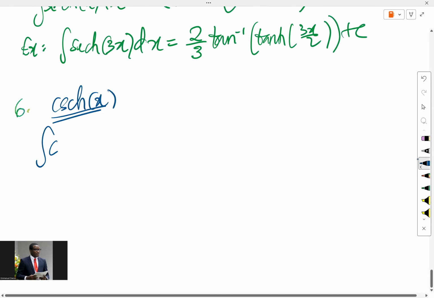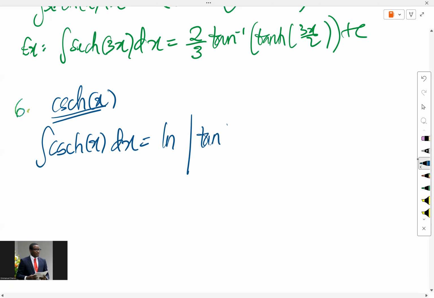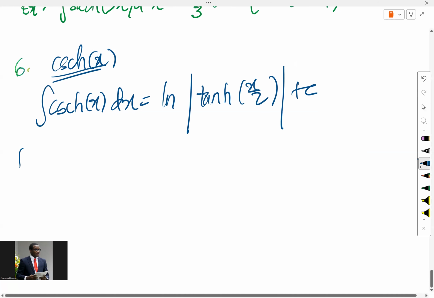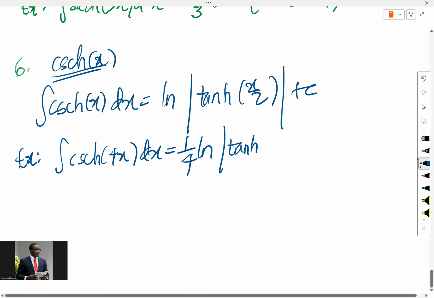So the integral of csc x dx is equal to ln of the absolute value of tan x over 2 plus arbitrary constant c, such that if you have an example, the integral of csc 4x dx, that is 1 over 4 ln tan 2x plus c, like that. So that goes.